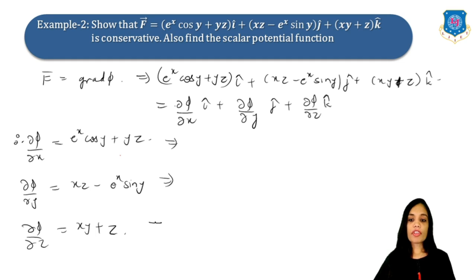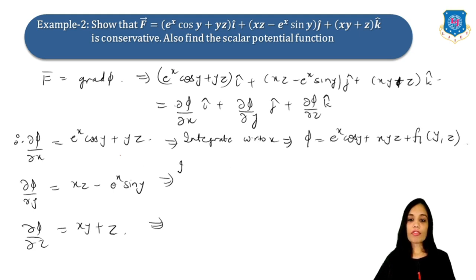Okay, so now we have to integrate the first one with respect to x. So you will get phi as e raised to x cos y plus xyz plus f1 of y, z. Fine. Now you have to integrate with respect to y.